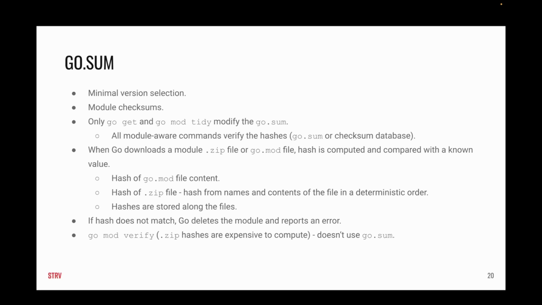That's why we have go mod verify, a command that recomputes all the hashes, then compares them with the stored version, and if they don't match, an error is reported. Then when you run any Go command, this newly stored hash is compared with go.sum, and this way you can ensure that the dependency you downloaded and you use is exactly the one you intended to use.